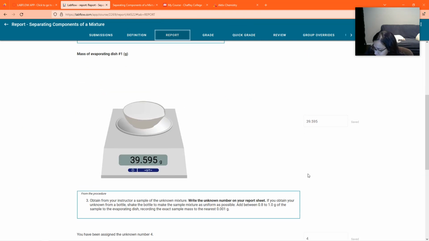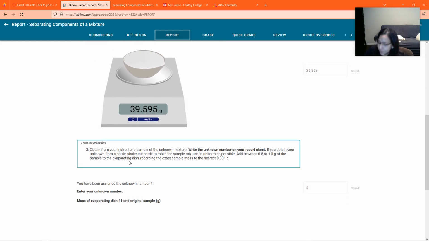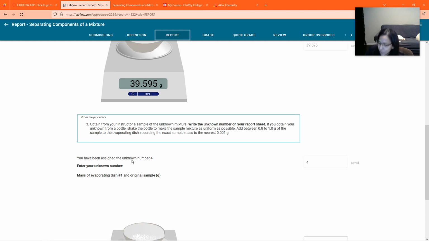So in this one, I know I have two crucibles. I have crucible number one and I have crucible number two. I know that in one of them, I have 39.595 grams. And I have an unknown number four.